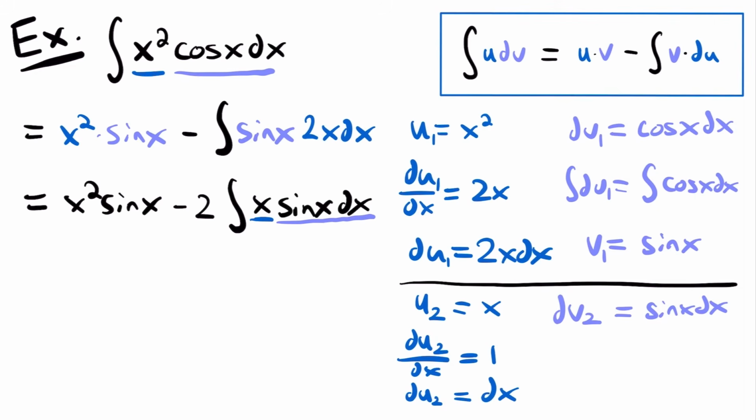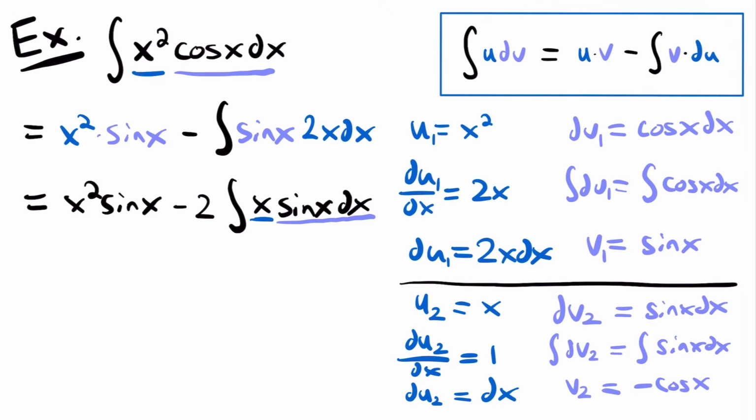And then if we integrate dv sub 2, the integral of dv sub 2 is equal to the integral of sine x dx. And the integral of sine x dx is going to be negative cosine x. And so we'll have v sub 2 is equal to negative cosine x.